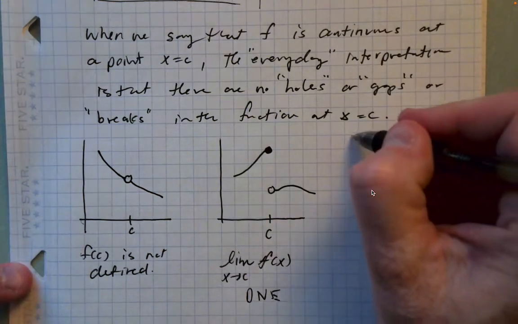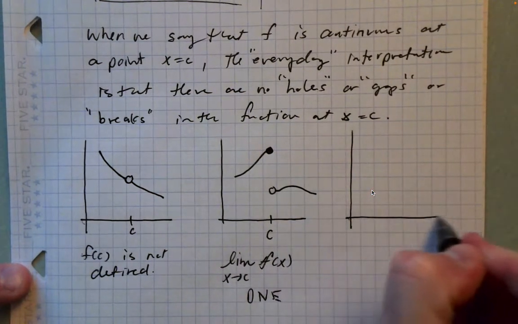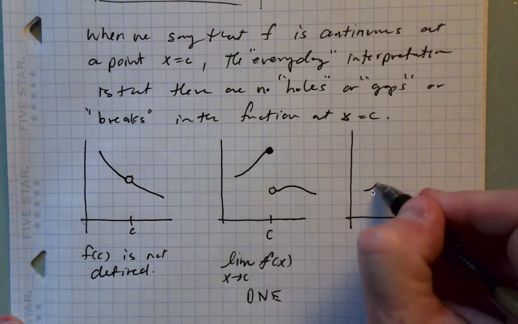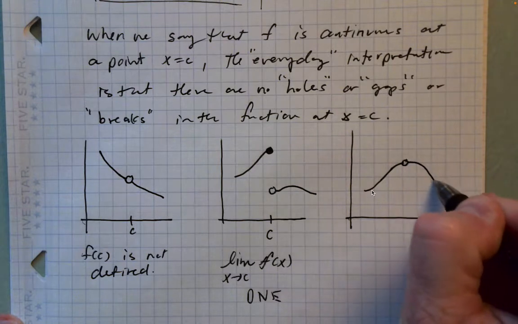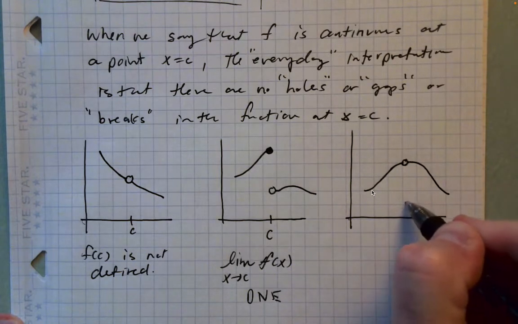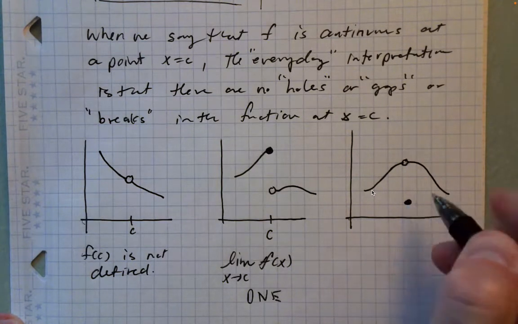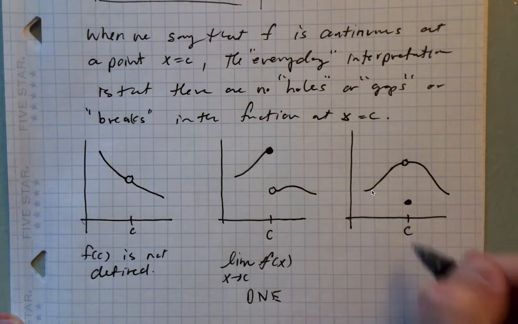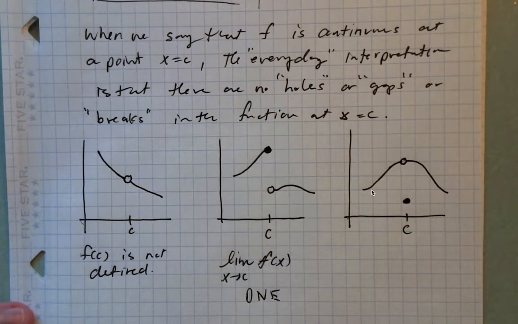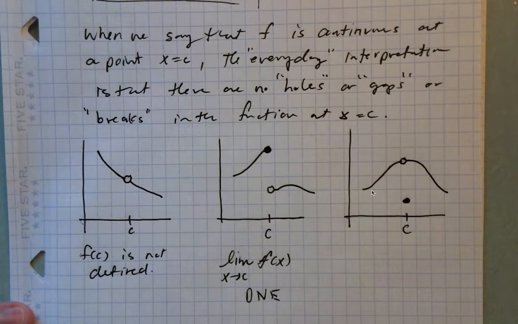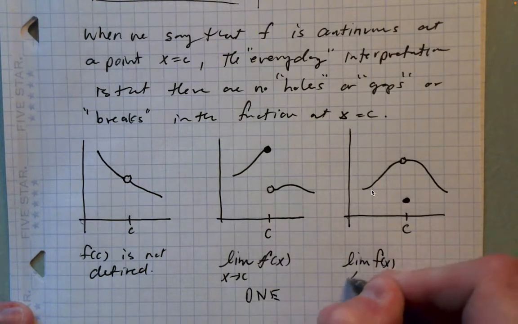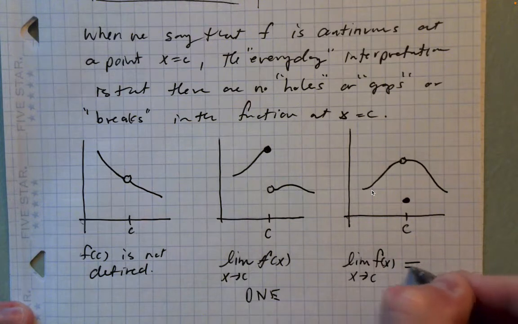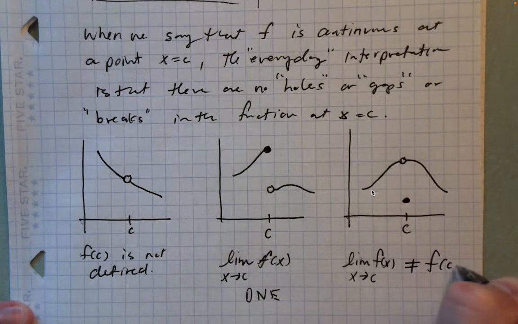Another scenario you might see would be something like this, where you've got the function trucking along, you've got a hole, and the function is actually defined at the hole, defined at c, but in this case the limit of the function at c is not equal to the value of the function at c.